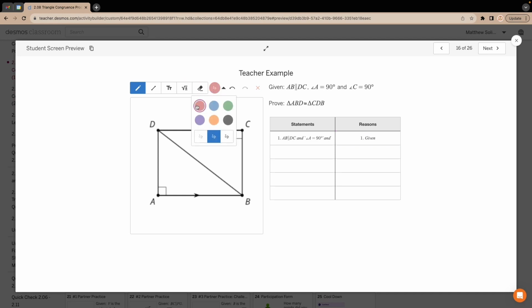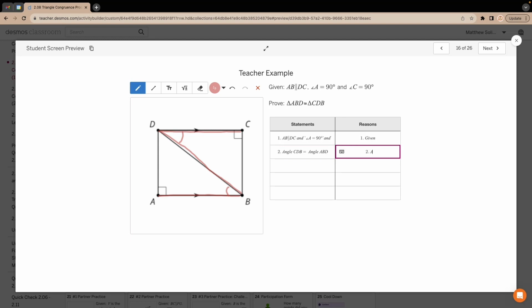So if I have 2 parallel lines, DC and AB are parallel, I could have parallel lines that are not equal, so I don't know they're equal. What I know is if I cut them with a transversal, those alternate interior angles are congruent. So I'm going to say angle CDB is equal to angle ABD.